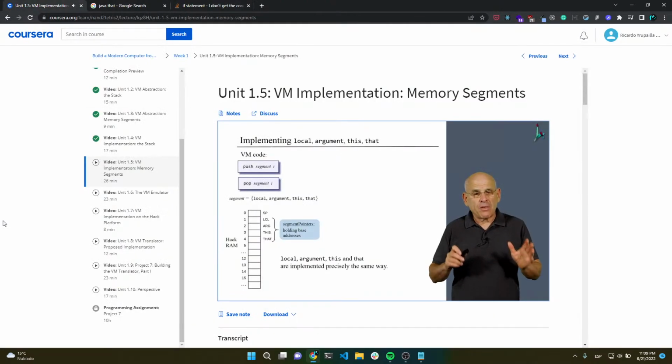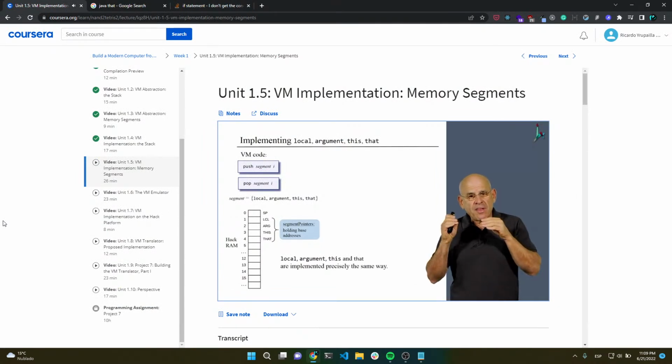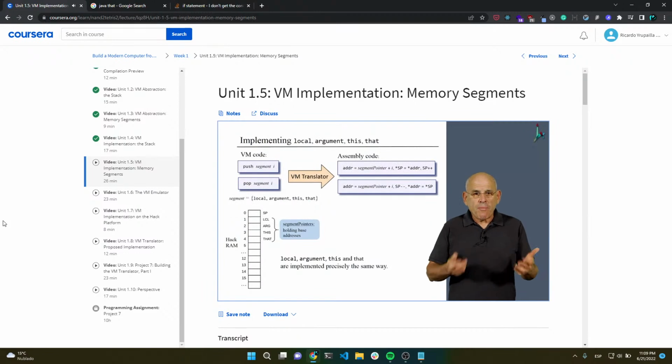They are all implemented precisely the same way, and every one of them holds the base address of the respective memory segment that it relates to. And therefore, the implementation of the commands push and pop is also going to be exactly the same.